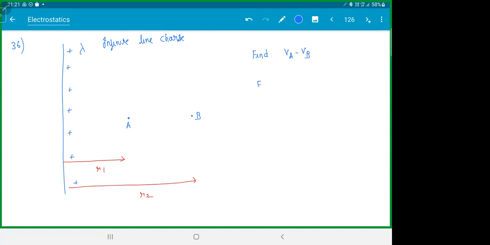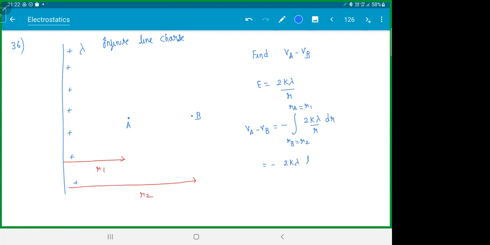So what is the field formula? 2k lambda by r or d, anything you want you can take. So VA minus VB is minus integral 2k lambda by r into dr. You're going from A to B, so this is B to A. So this is RB, which is R2, RA is R1. Remember, A is final, B is initial.